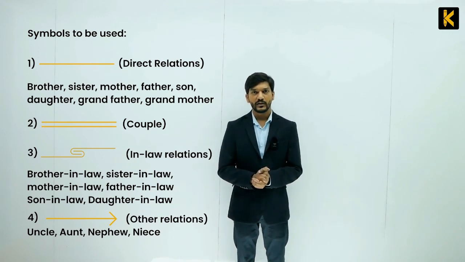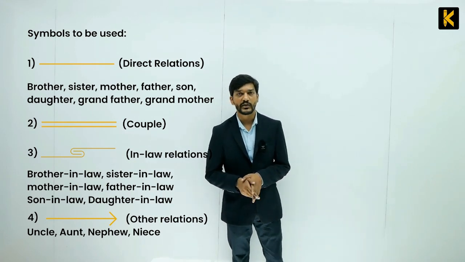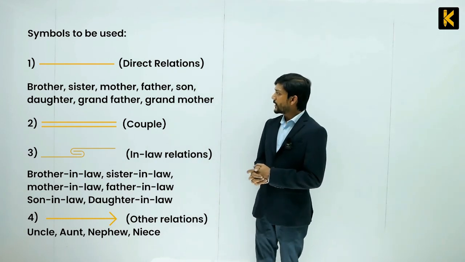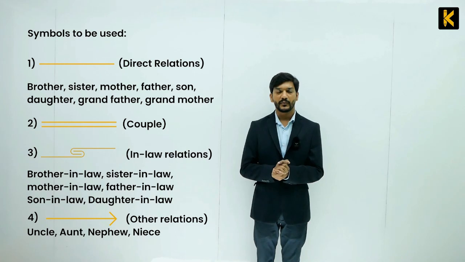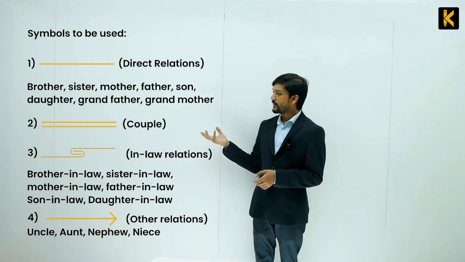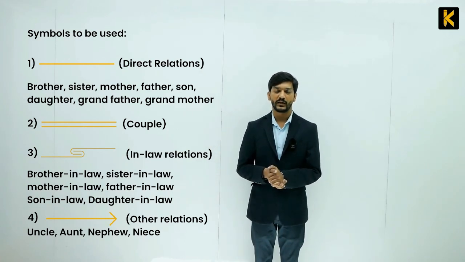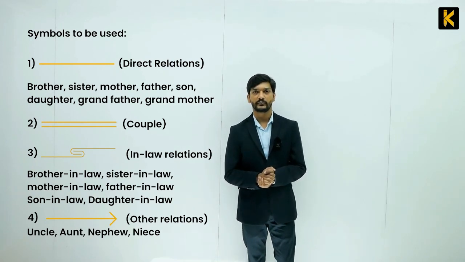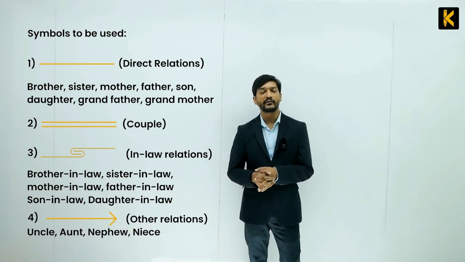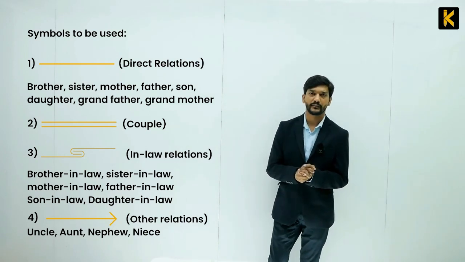Okay. So these are the four symbols we will be using. Now how we will be using this, that is a secondary thing. We will learn about it. But these are the symbols which I will be using. Now you might be having this doubt. And in case you are not having, you should have this doubt.